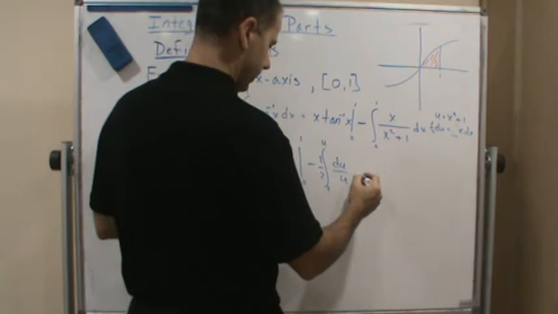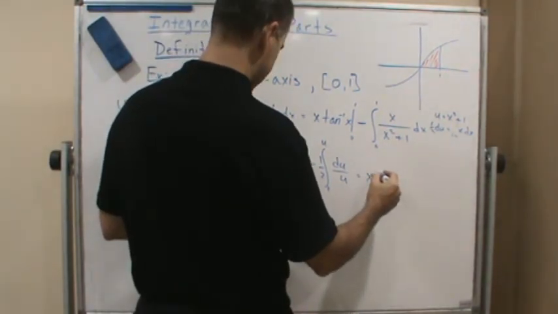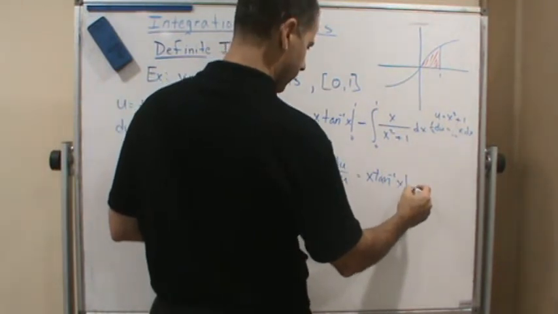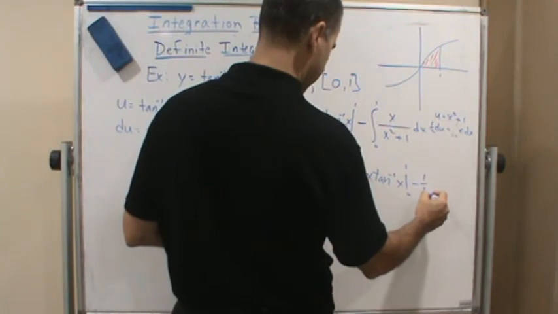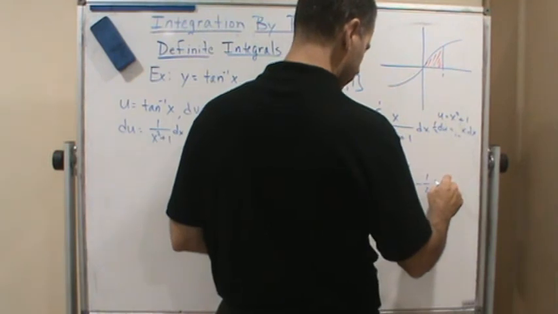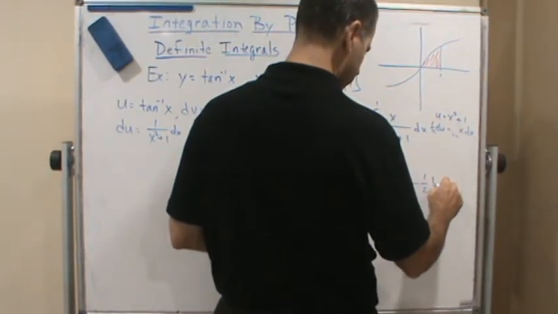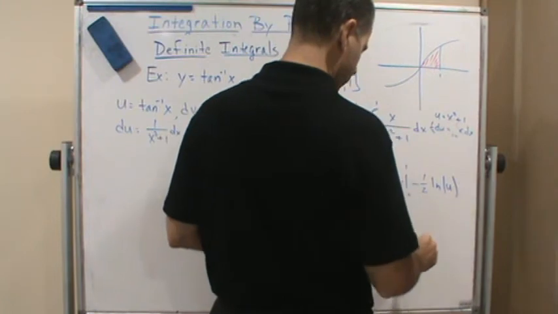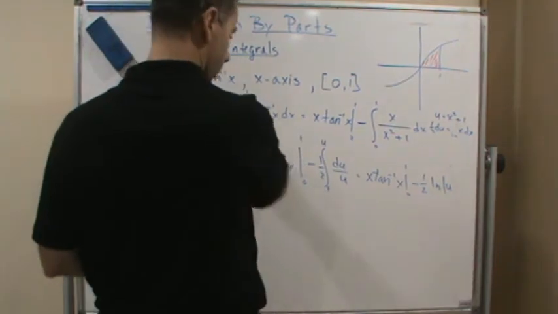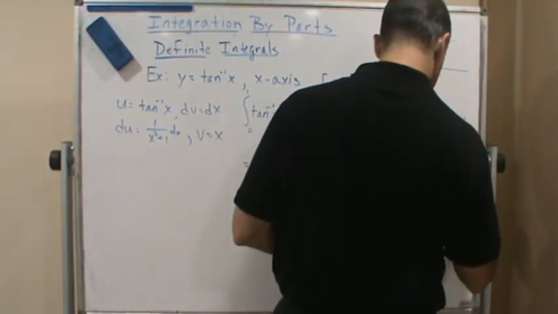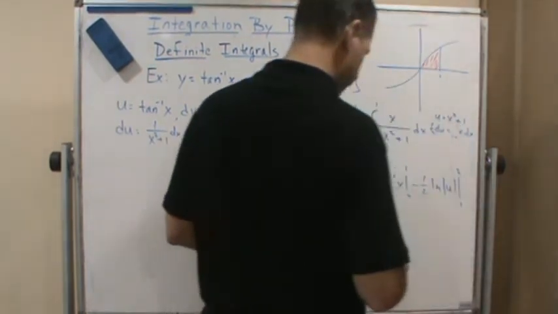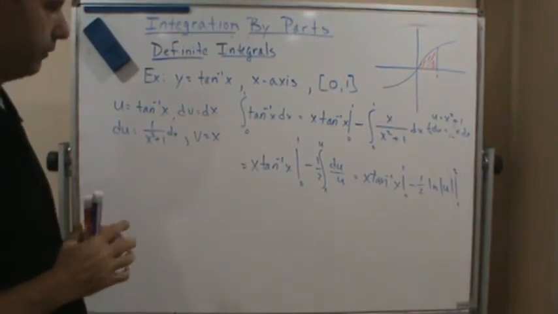And so now we're going to get x tangent inverse of x from 0 to 1 minus 1/2. And this is going to become the natural log of the absolute value of u, evaluated from 1 to 2.